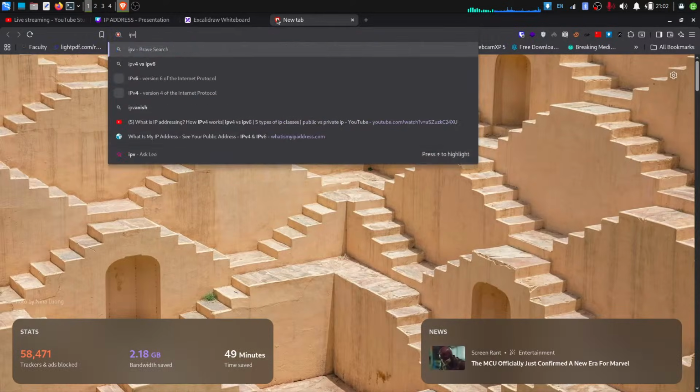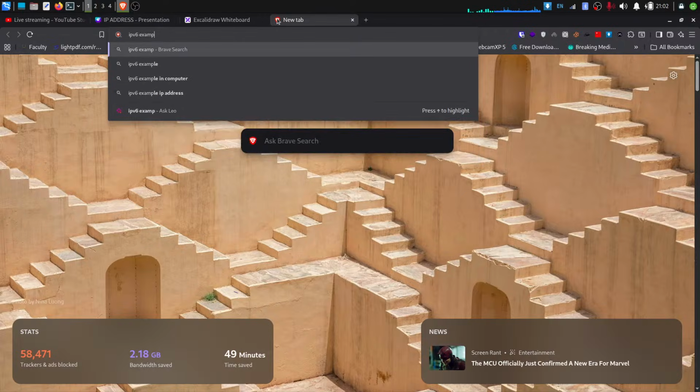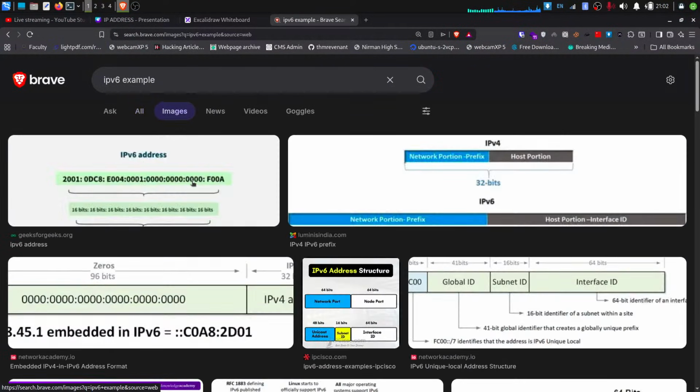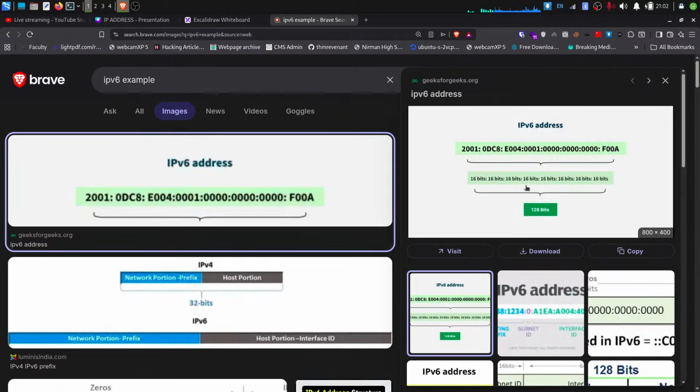Now I'll show you an IPv6 example. You can see this is how IP version 6 looks. We have 128 bits here, and each section is 16 bits. Got it?